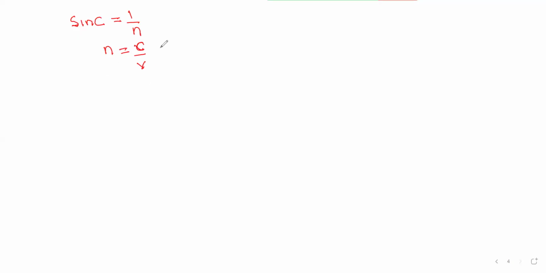Meaning that if this is refractive index, then the critical angle would be equal to 1 over C over V, which in effect would be equal to V over C. Therefore, C is sine inverse of the speed of light in the medium divided by the speed of light in air. So this is what we can use.